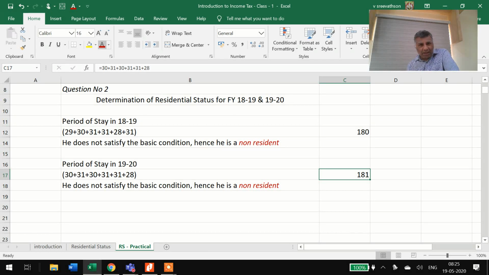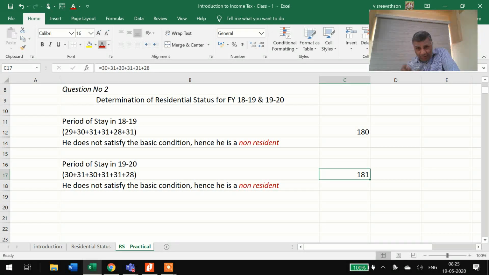The second important lesson is for your practical world. Tomorrow your friends or relatives who are outside India may ask you that they want to come and stay in India for a longer time, maybe close to 1 year, but don't want to become a resident.